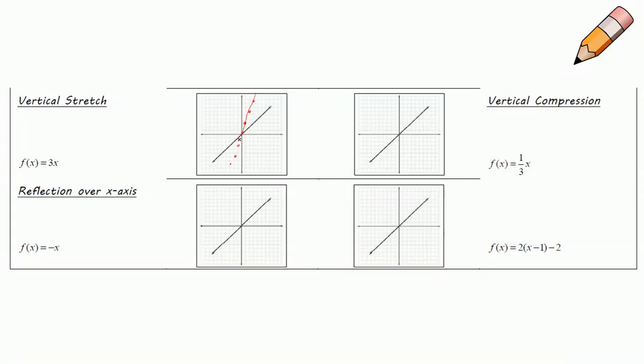Something like that. Notice how it looks like I took the ends of my linear equation and stretched it. That's what that allows you to do.